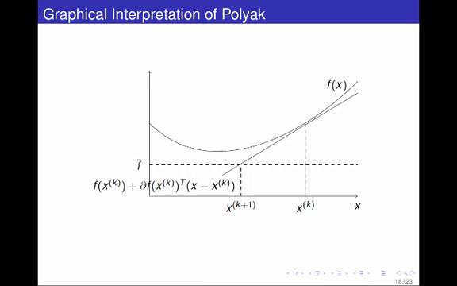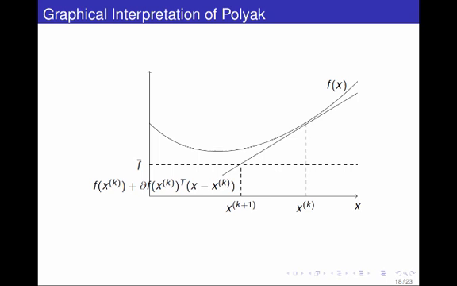Geometrically, the interpretation is the following. I'm at xk. Suppose I don't really know the f of x that I'm optimizing, but what I do know is the current value of f and its subgradient. So suppose that this were my actual function that I'm optimizing.